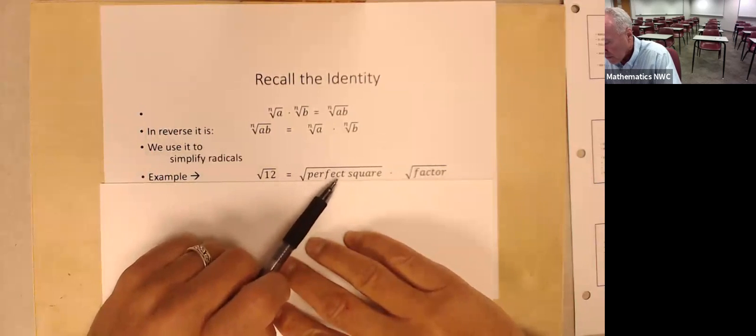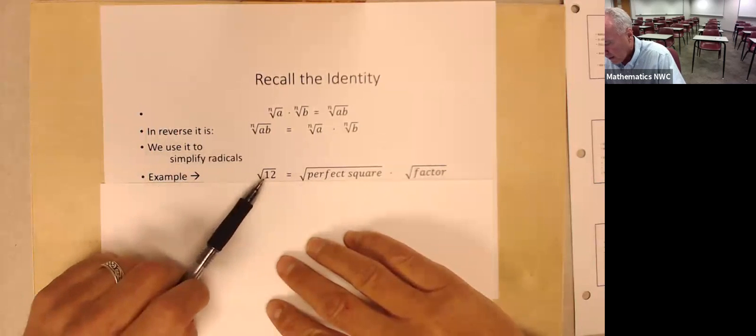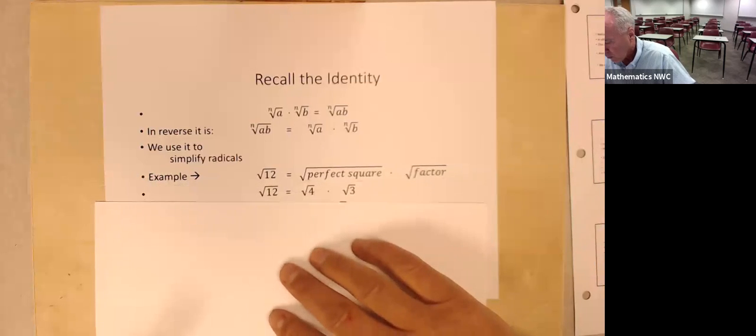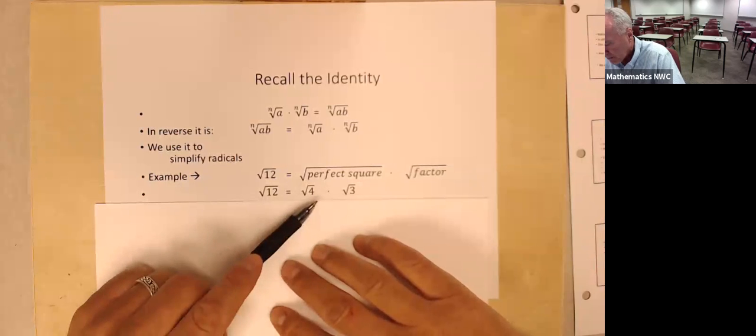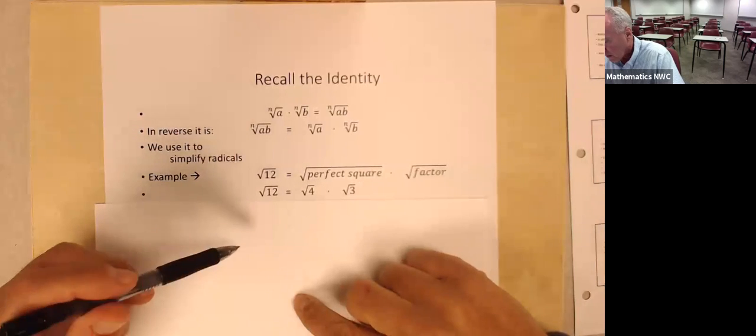That reducing of that perfect square is the process of simplifying the radical 12. For example, radical 12, one of the factors could be 4 times 3. 4 happens to be a perfect square.